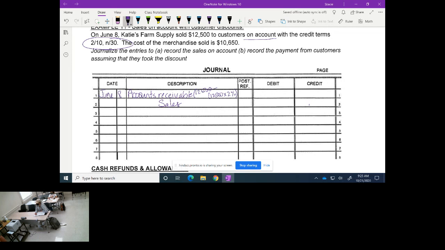Did y'all not do that? If I type in 12,500 minus 2% equals, it gives me the answer. And you're keying it in.